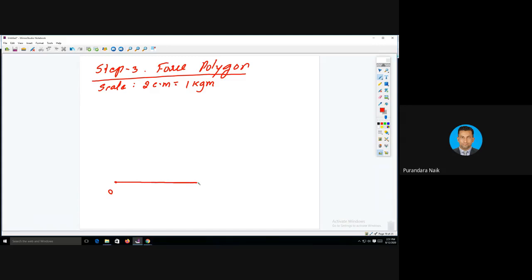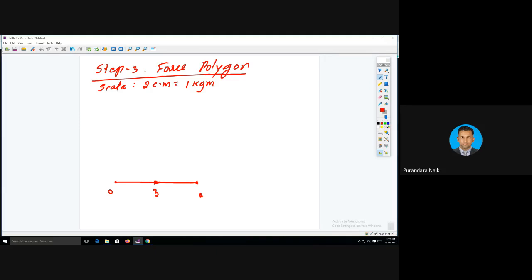After that, mark this point as A, and the length is 3. 3 means it is 6 centimeter because it is 2 to 1 scale. It will be doubled.